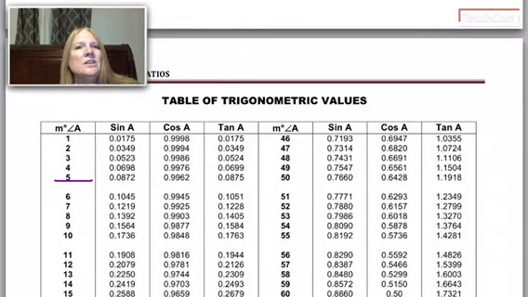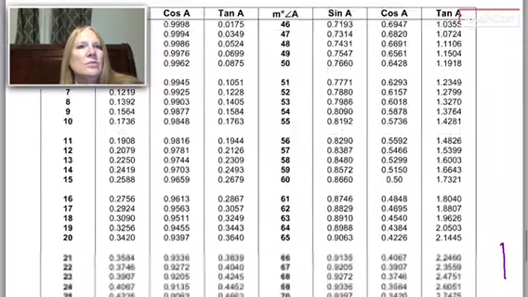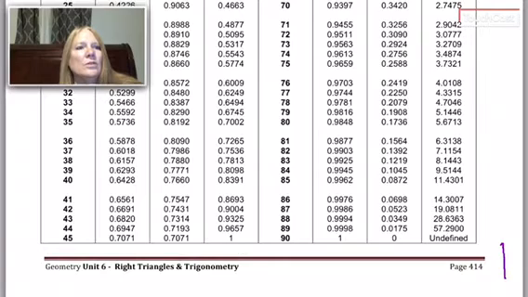Okay, so you see that we have sine, cosine, and tangent, and we're looking in this first column. Let's scroll down here, and here's 41, so 0.6561 is the sine of 41.